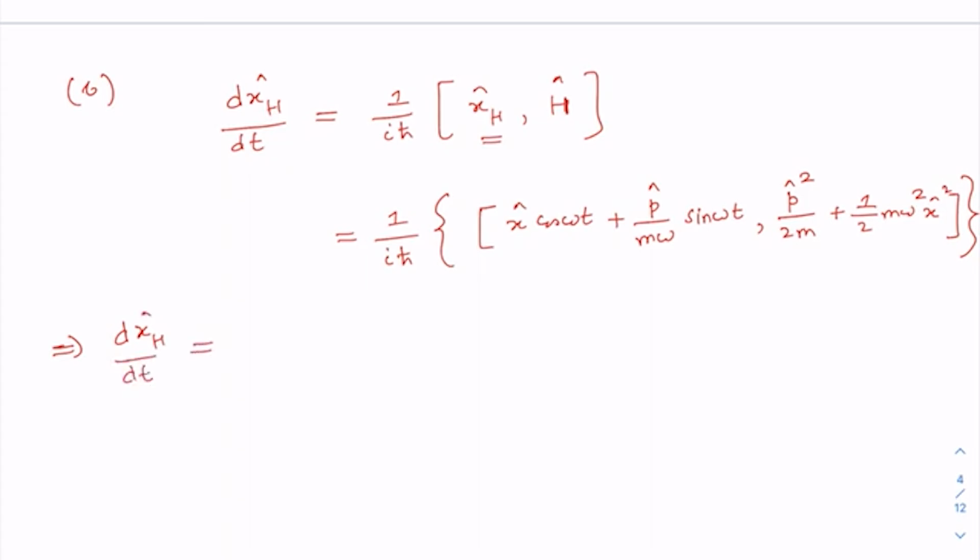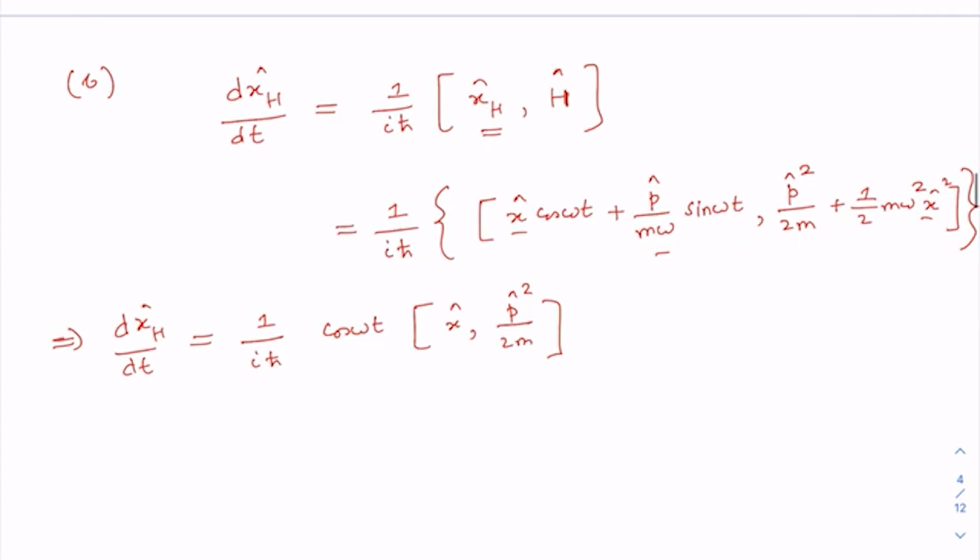So I have the first term. Let me take cos omega t out, and here I have x and p squared by 2m. I just have to take the cross term, because x and x commute, and p commutes, so I have to deal with the cross term only.